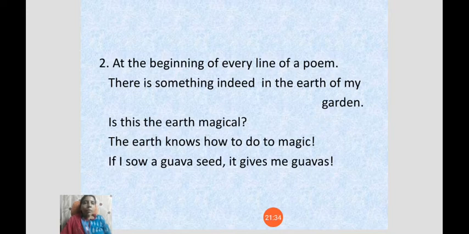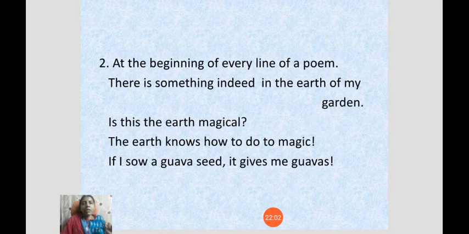The second important use is at the beginning of every line of a poem. When poems are written, for every verse or every line of the poem, the first letter is capital.